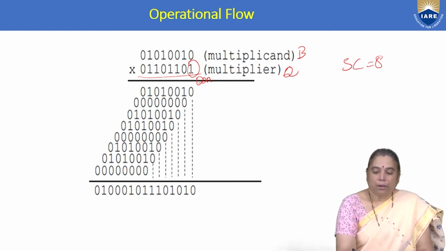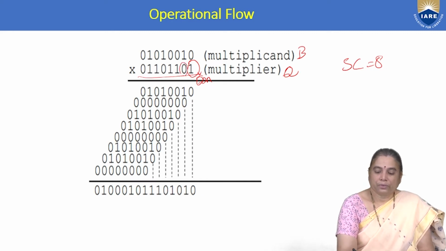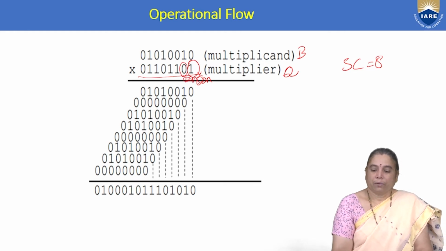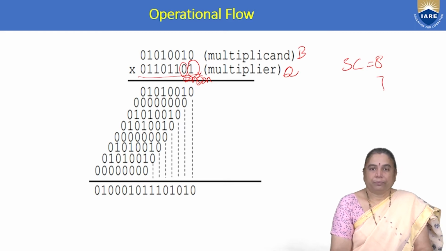This digit is considered for the multiplication, and we move on to considering the next digit of Qn by decrementing the counter by 1.